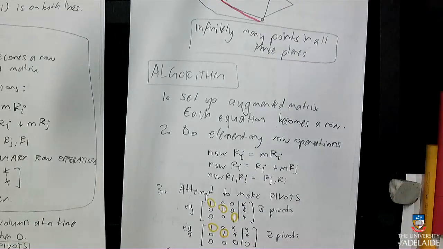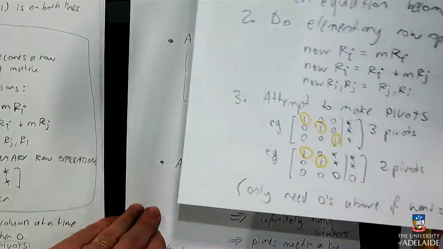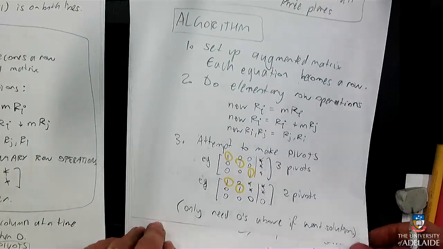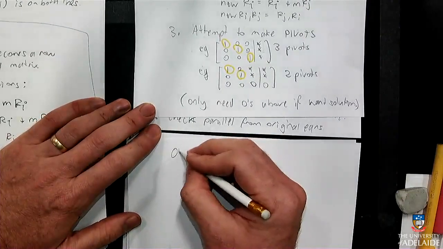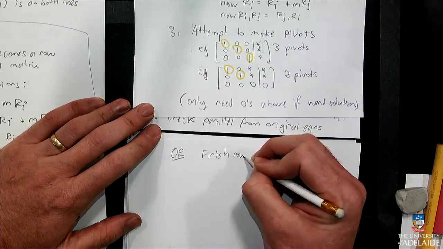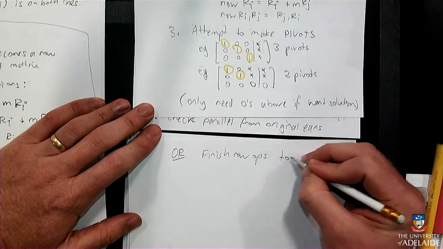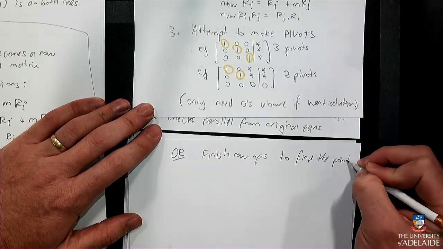If you want to figure out exactly what that point is where they meet, if they do end up meeting in one point, then you're going to have to finish it off to get all the way to here, and then you'll be able to tell. So check parallel from original equations, or finish the row operations to find the point.